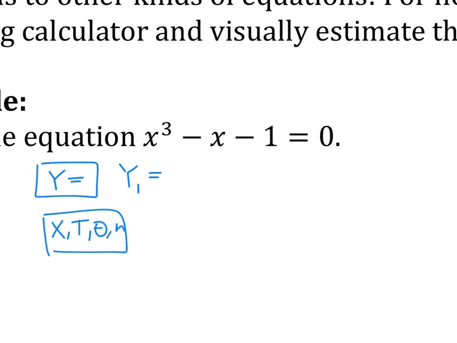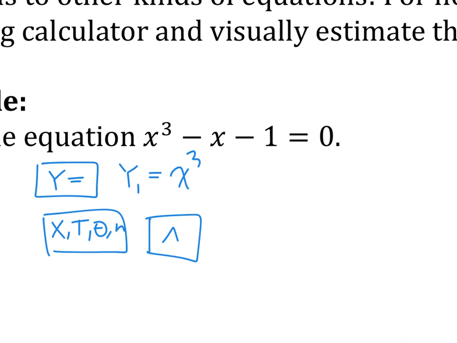So what you're going to do is type in x cubed. Cubed is this button. This is the caret. If you press that button, it will create an exponent, and then you're going to type in 3, so x cubed. The new calculators will just say x cubed.